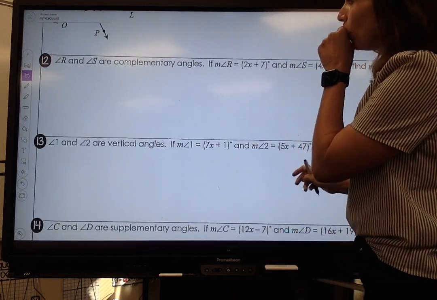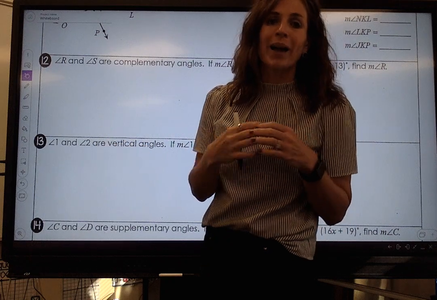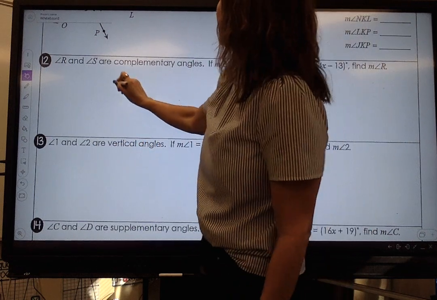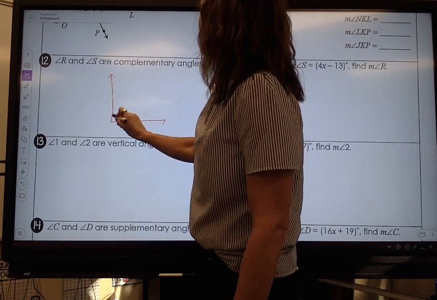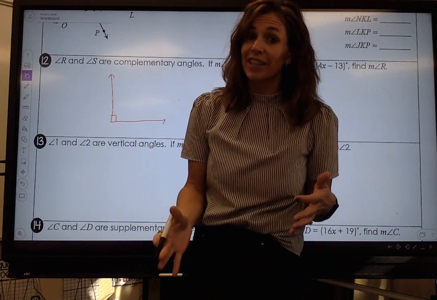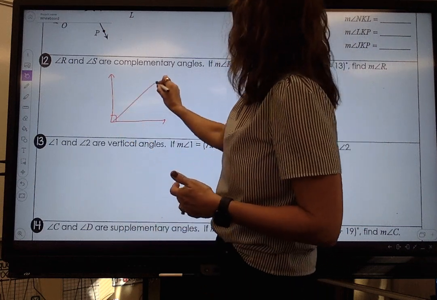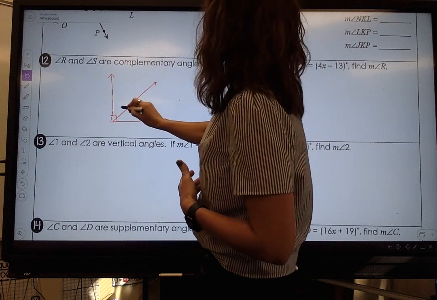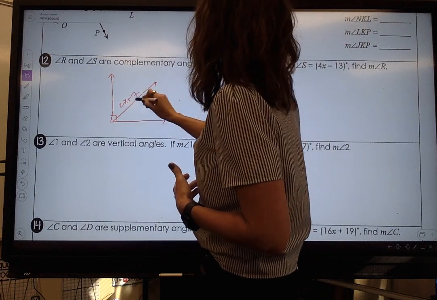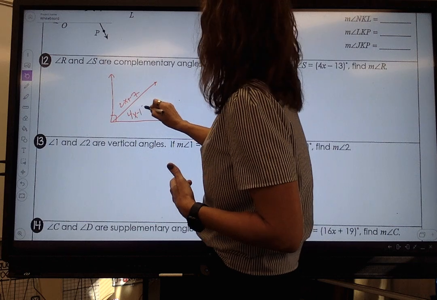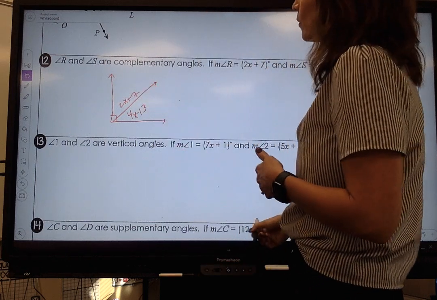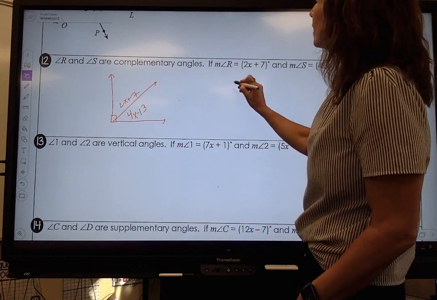When you have a word problem, I would draw it out. So if R and S are complementary, now complementary, they're not necessarily adjacent. I'm just drawing mine that way. And if I know that angle R is 2x plus 7 and angle S is 4x minus 13, I know complementary angles add up to 90 degrees.